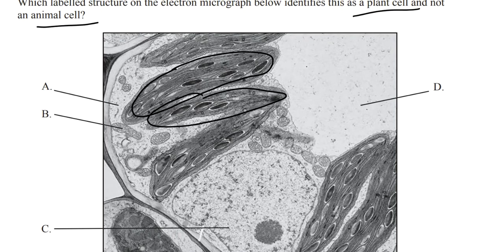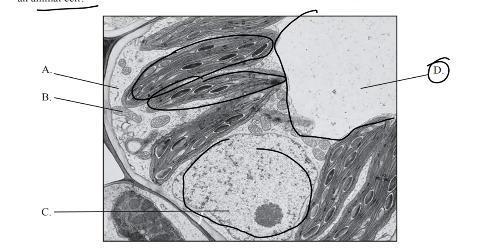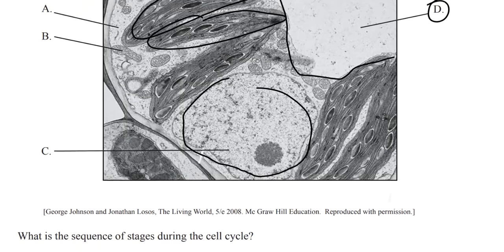Let's think about something else that a plant cell has that animal cells don't have. Well, one thing I can think of is a large central vacuole, which seems to be the one that D is pointing at, because we can see this super large structure. It's not as large as this central vacuole. This is the nucleus, so D seems to be the correct answer.